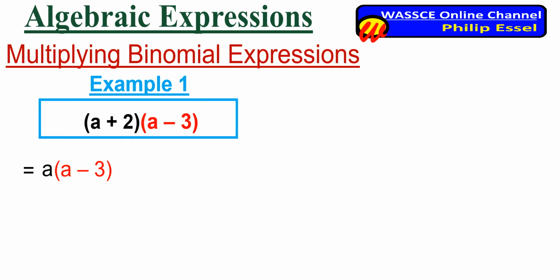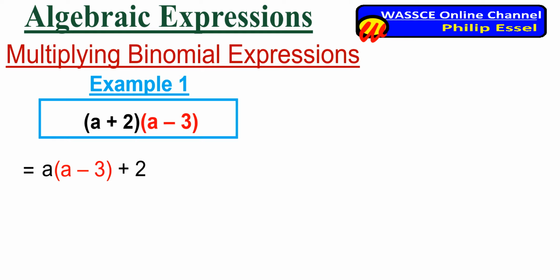We would then write the second term of the first binomial expression. As we already know, the first binomial expression is a plus 2 and its second term is plus 2, so we would write plus 2. We would again repeat the second binomial expression, (a - 3), so we would multiply it again with this plus 2.